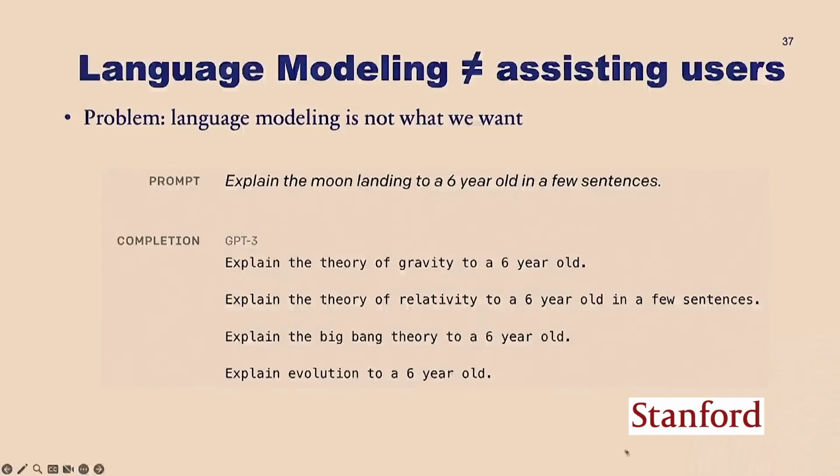For example, if you ask GPT-3, which is a pure language model, not an aligned one, a question like 'explain the moon landing to a 6-year-old', the conclusion that you would get is something like 'explain the theory of gravity to a 6-year-old'. Because what it learned is that on the internet, if you have one question, you usually have maybe another bullet point of other similar questions. You don't usually have a question and an answer later. This is not what you want from an AI assistant.